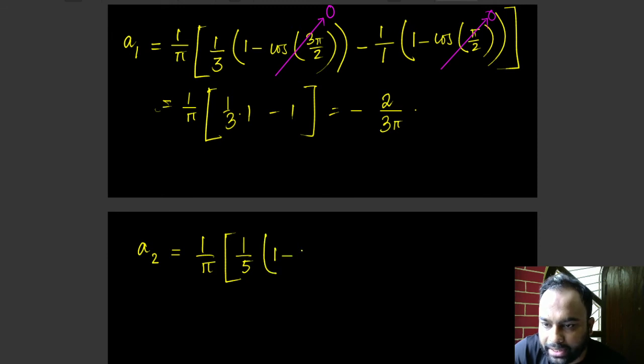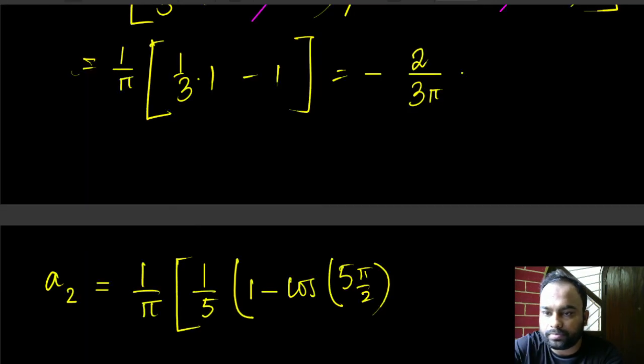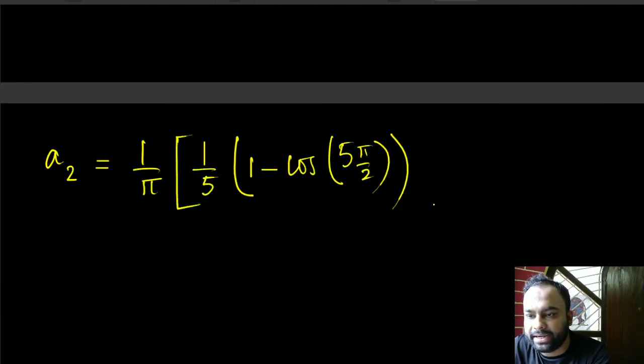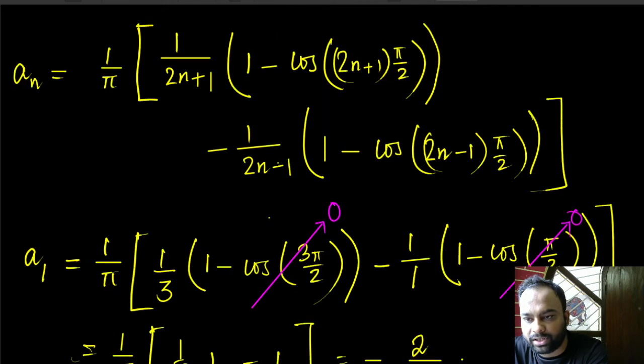And it's going to be 1 minus cos (2n plus 1) pi by 2. So it's 5 pi by 2, right? And then 1 by 3, because n is equal to 2 now. When n is equal to 2, this is 4 minus 1, so that's 3.